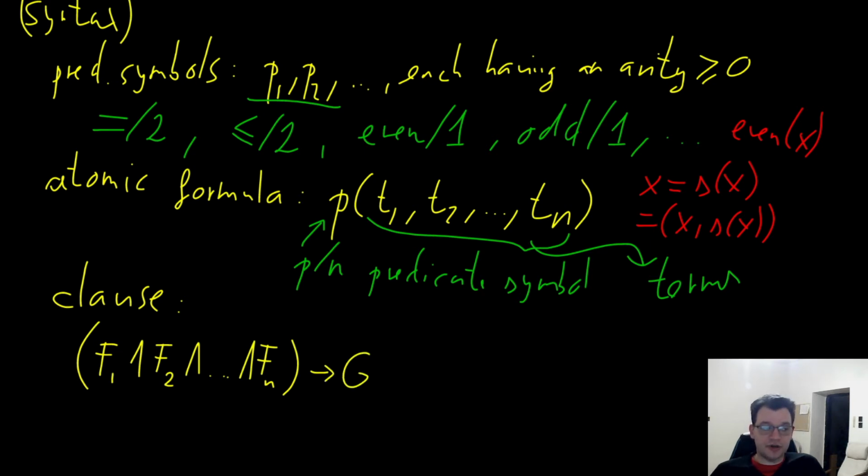Okay, so this is what a logic program's clause looks like, and the f's and g are atomic formulae.